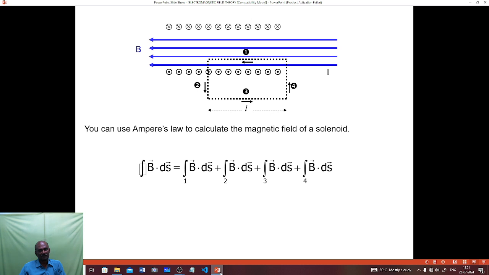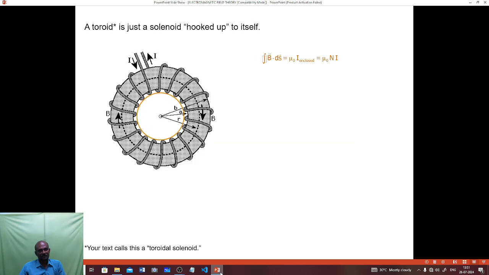For a solenoid with various loops, we can find the total magnetic flux density.